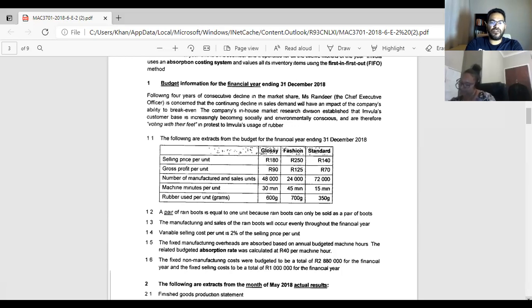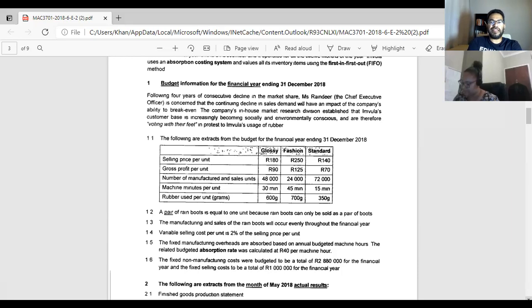The fixed manufacturing overheads are absorbed based on annual budgeted machine hours. The related budgeted absorption rate was calculated at 40 Rand per machine hour. The absorption rate is the same as the fixed overhead rate. So the absorption rate is another term for the fixed manufacturing overhead rate.